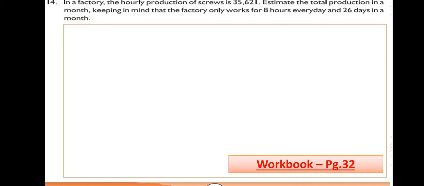So in 1 hour they are producing 35,621 screws. You have to find for 8 hours. So 8 into 35,621. So by finding 8 into 35,621, you will get the production of 1 day. And for a month, they are working for 26 days. So multiply the above answer into 26 and find out the final answer.